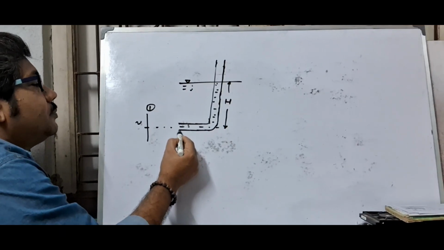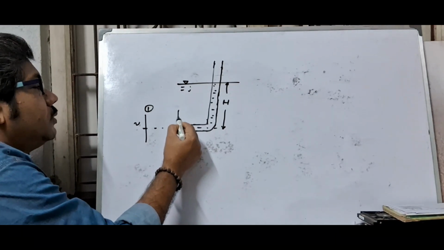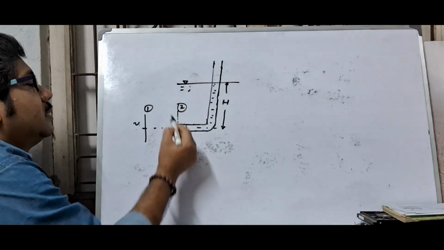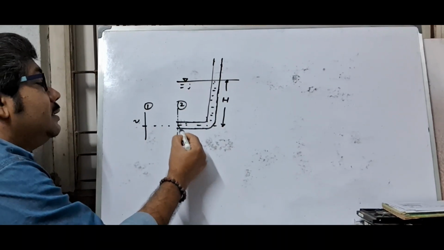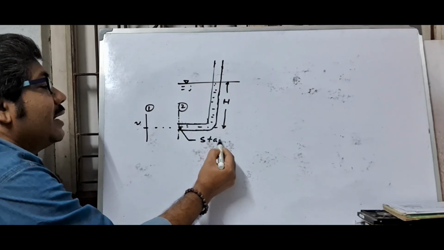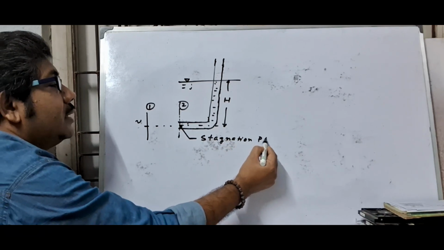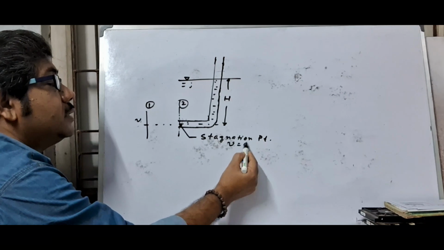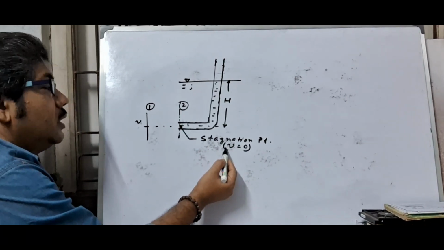And at the entrance section of the Pitot tube, if you draw 2 section, here the velocity will be 0, and this point is called stagnation point. This point is called a stagnation point because here velocity is 0. So kinetic energy will be 0.